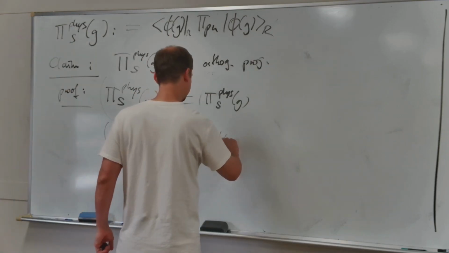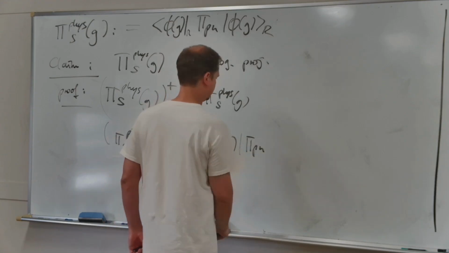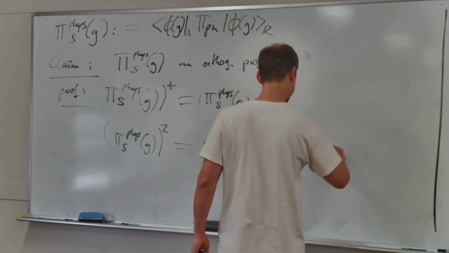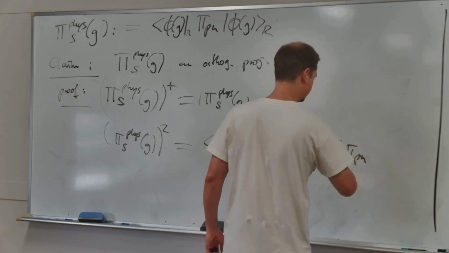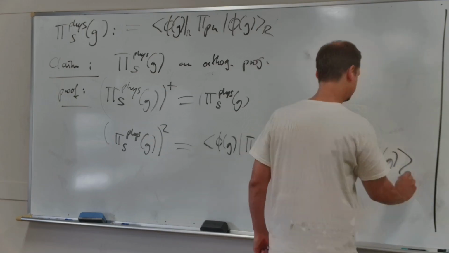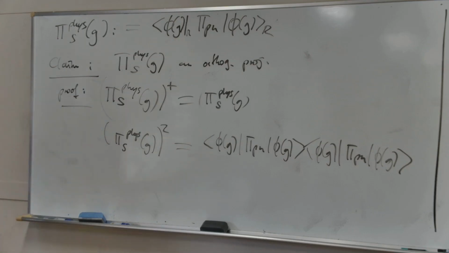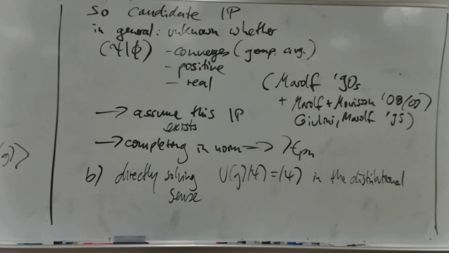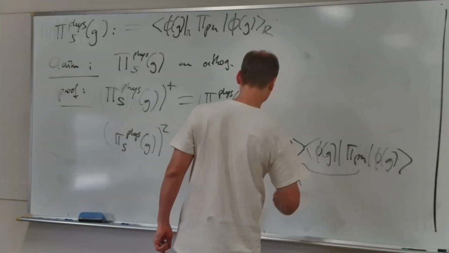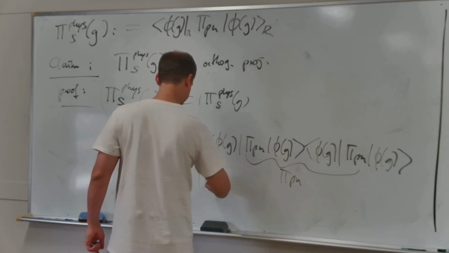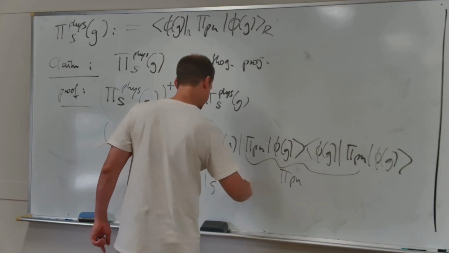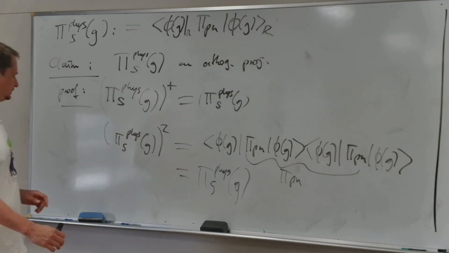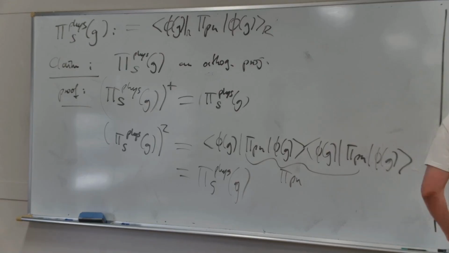So we'll have phi of G, pi p n, phi of G, and then again phi of G, pi p n, phi of G. And now you can see why I wrote down the first result here. So we just proved that this here is pi p n. So we get that this is pi s phys of G. So here I'm using this result.